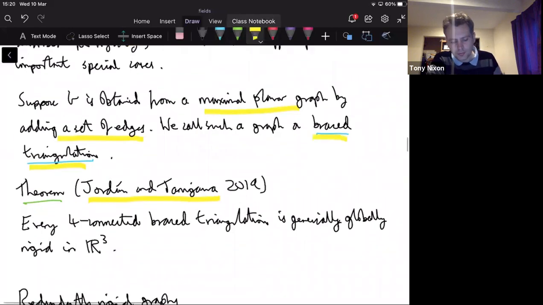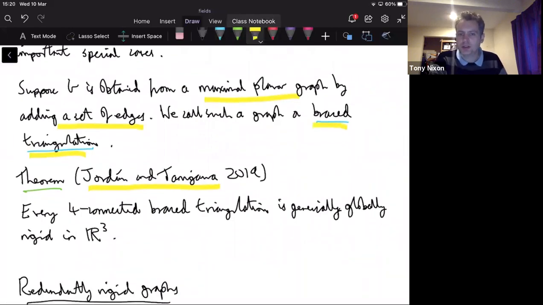Okay. So clearly we need to satisfy Hendrickson's conditions. So our brace triangulation has to be 4 connected, d plus 1 connected in 3D, and it has to be redundantly rigid. But it turns out if you just make your brace triangulation 4 connected, then it will be globally rigid in 3D.